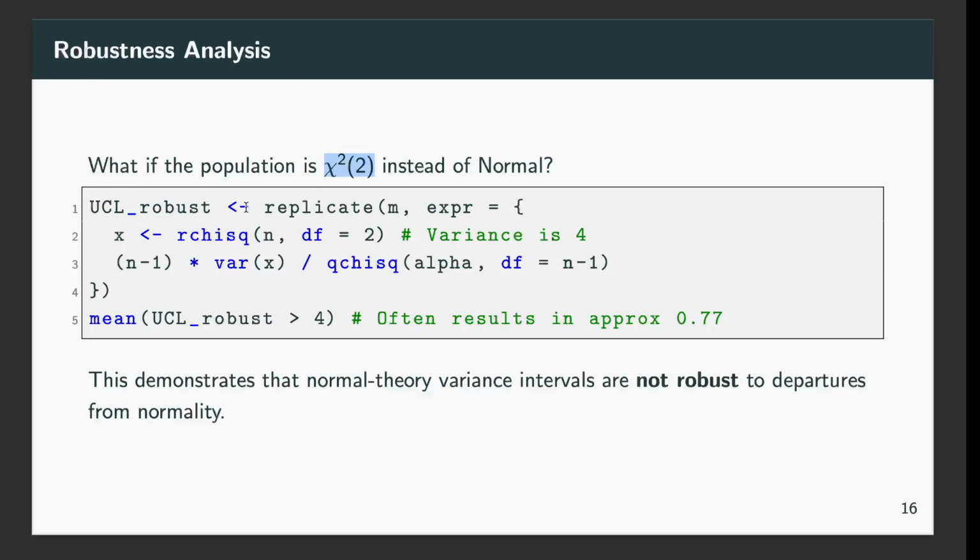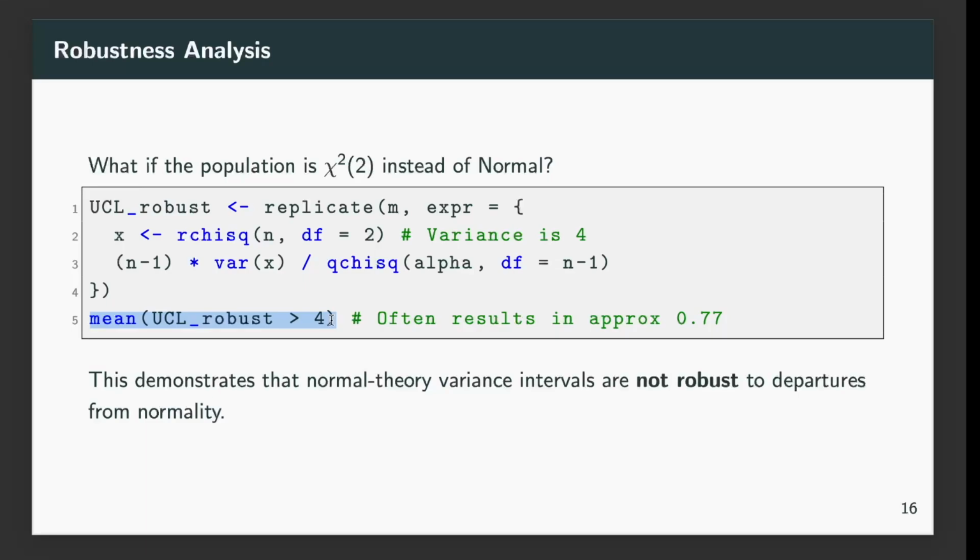The UCL robust. The only thing that we change here is that just now we used rnorm, but here we use the chi-squared distribution, which has a variance equal to 4. For each replicate we generate 20 with 2 degrees of freedom. Then you can run the mean of the UCL robust to compute how many of them are actually larger than 4.